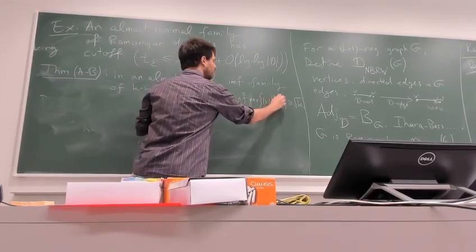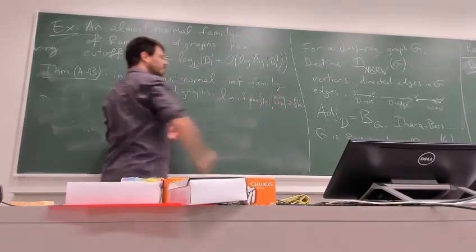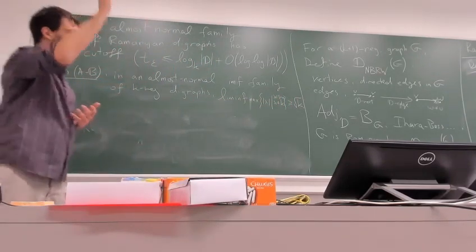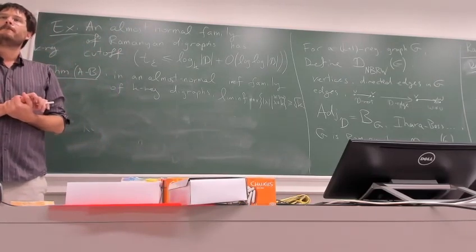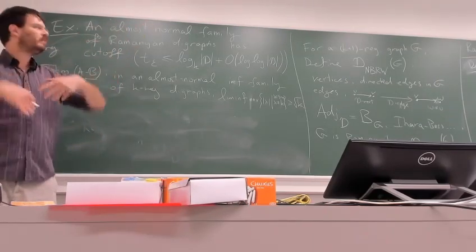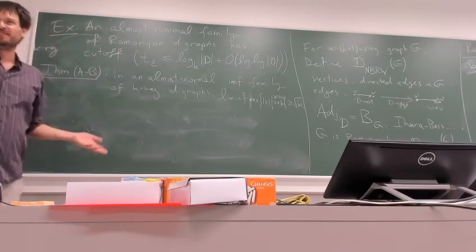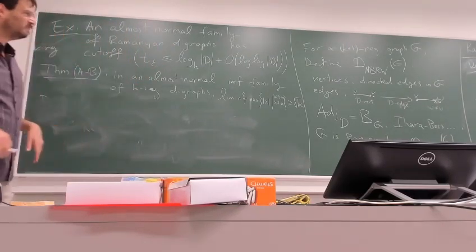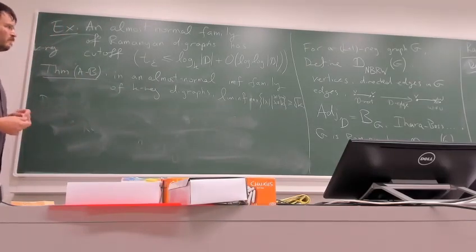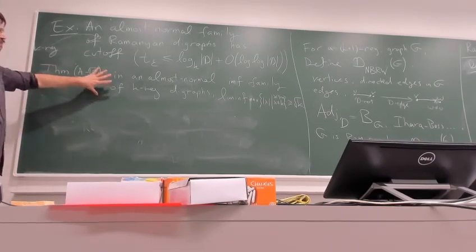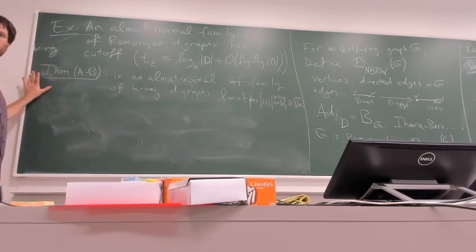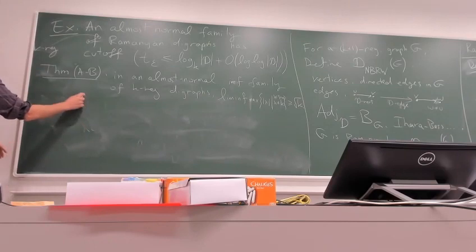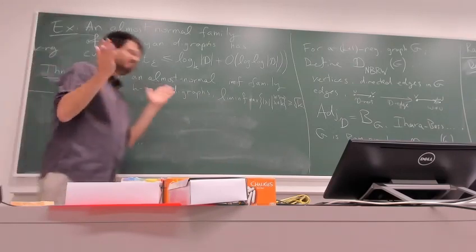I won't say second eigenvalue because the eigenvalues are complex. So for lambda in the spectrum, but not the trivial one, the non-trivial eigenvalues go at least to square root of k. Here k-regular means that the out-degree is k and the in-degree is k, both out and in, because I really study groups, and in groups you always have symmetry. This is also not hard. Find your favorite proof of Alon-Boppana and see how you change it to these settings, and maybe it will work.